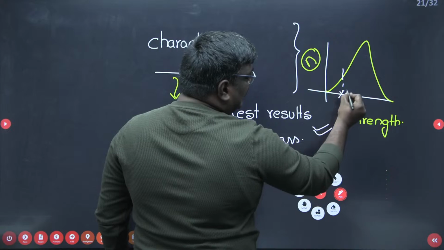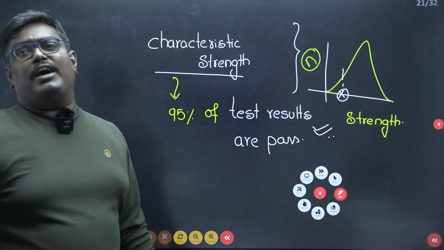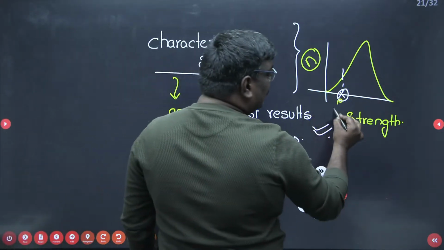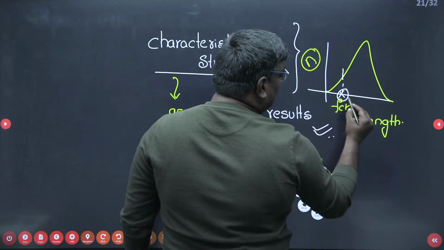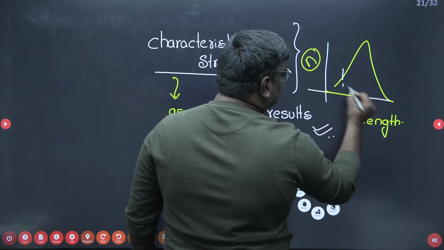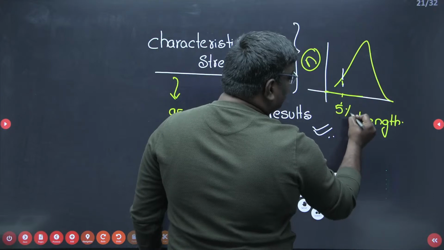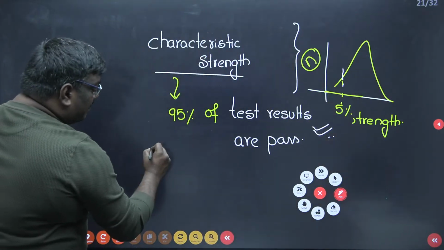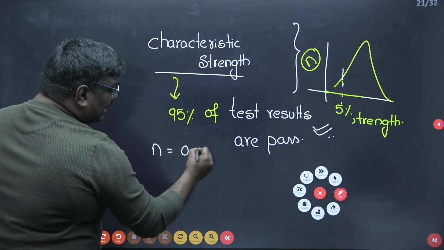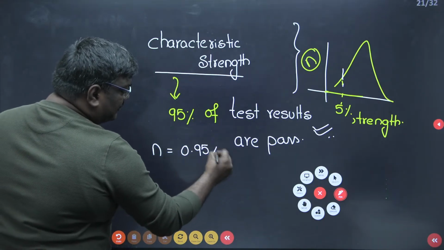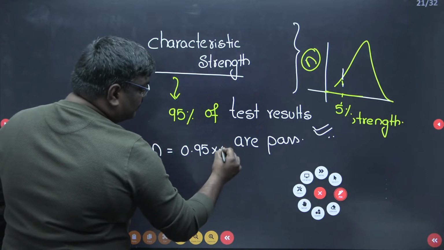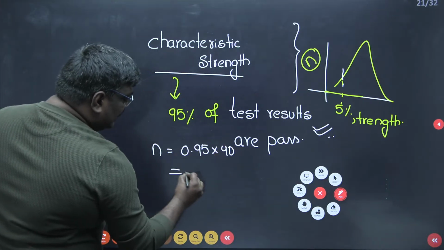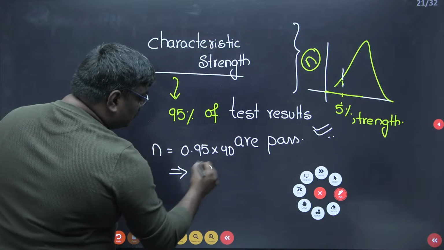Here the range is 5%, FCK, which you can write as 5%. That means 95% of the test results are expected to pass. So you have to take 0.95, the 95% probability curve, into the number of specimens, 40. Total number of specimens will be 38.